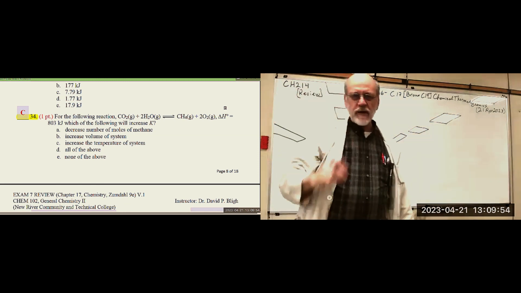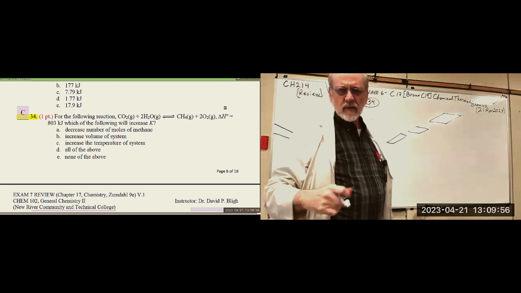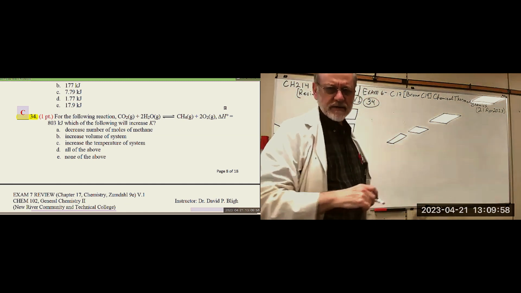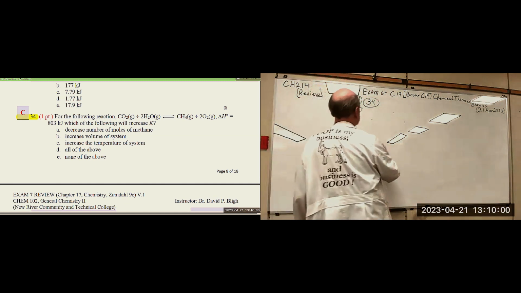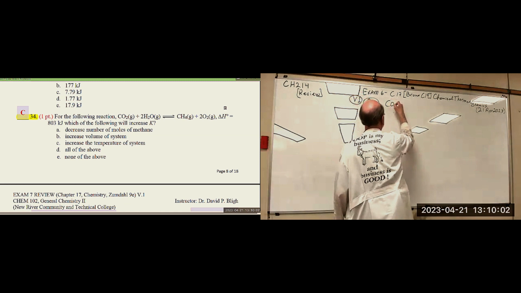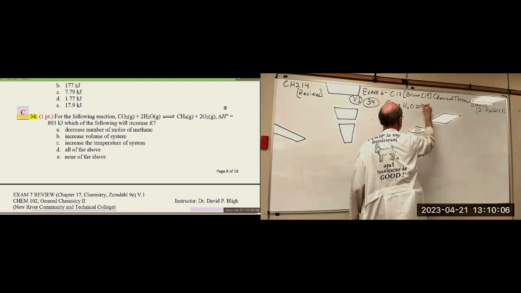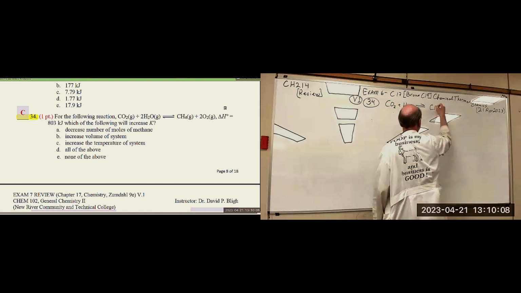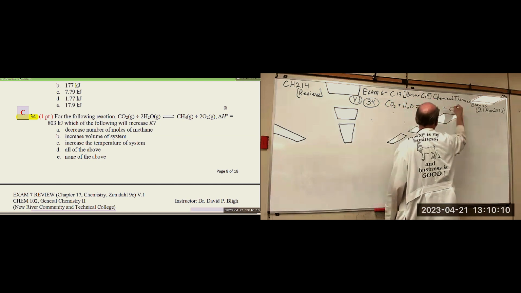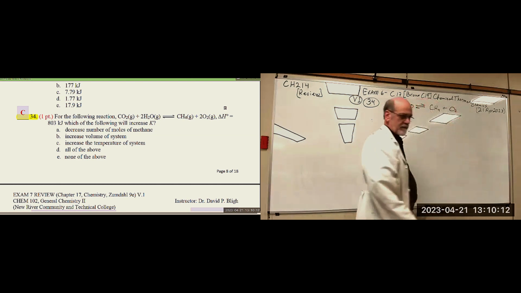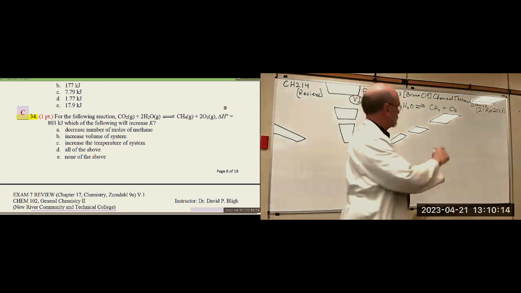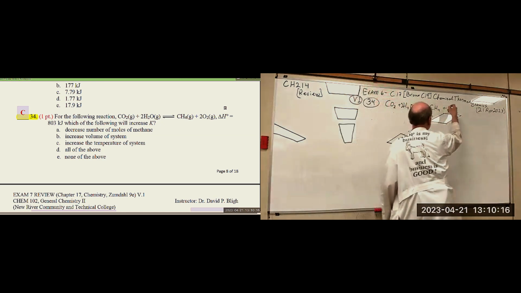34. For the following reaction, carbon dioxide and water yields methane and oxygen, with coefficients 1, 2, 1 and 2.